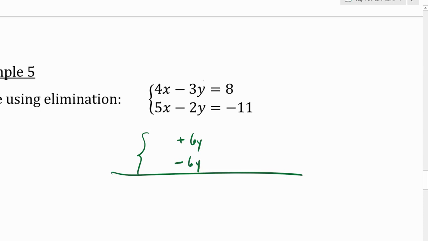So just comparing, what'd you multiply negative 3 by to make it positive 6? That's a negative 2. What'd I multiply negative 2 by to make it negative 6? That's a positive 3. So I'm going to multiply both sides of that top equation by negative 2. Both sides of that bottom equation by 3. And I'm going to add them up.